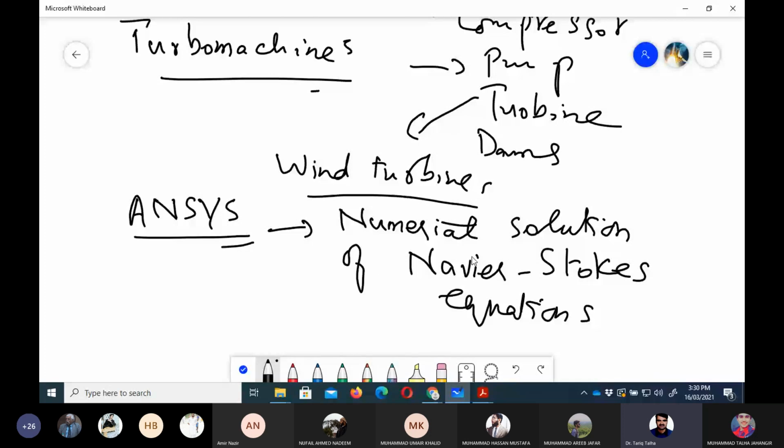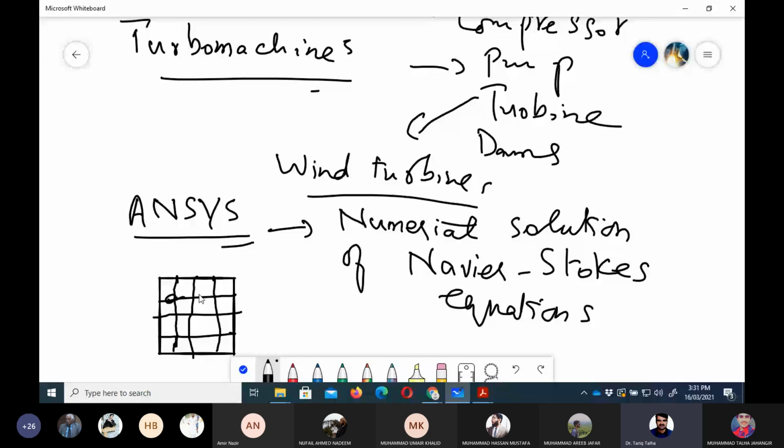Numerical solution means that we don't solve the exact equation, but we discretize our domain into small segments. Like if we have this domain, we divide it into small segments by generating the grid like this, and then we write the governing equation, which is the Navier-Stokes equation, on these intersecting points, and then we solve it numerically.